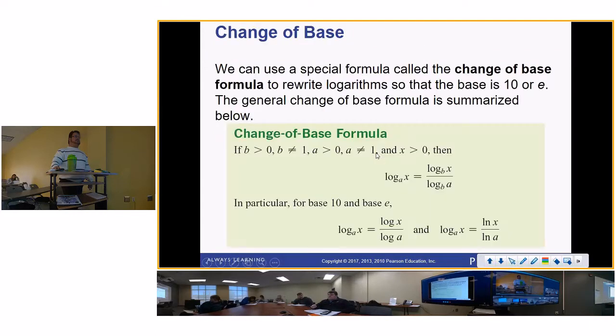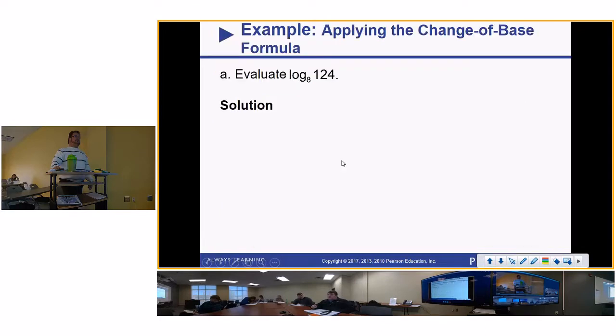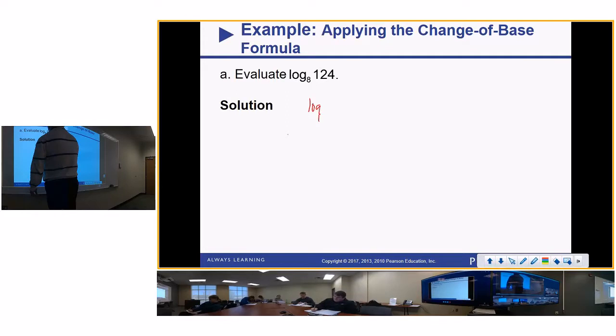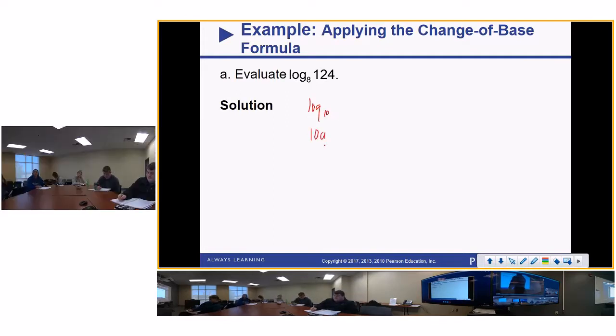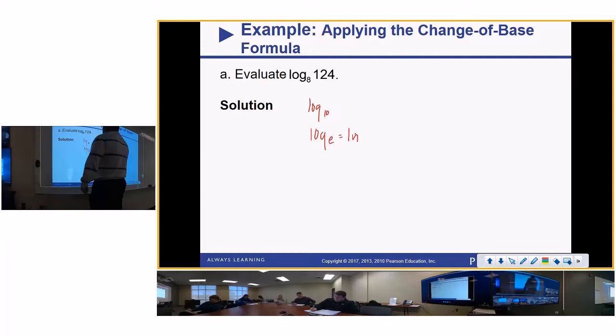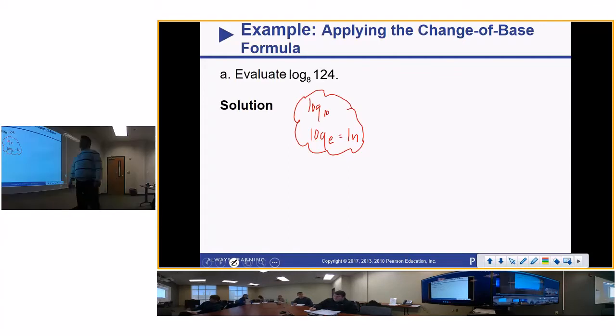Let's see, I want to get to the change base formula. I know we were getting to this one. This is where I think we left off in the last class. The change base formula says basically that if you have something besides these two, log base 10 and log base E, which is ln, you're going to have to change it to something you can.